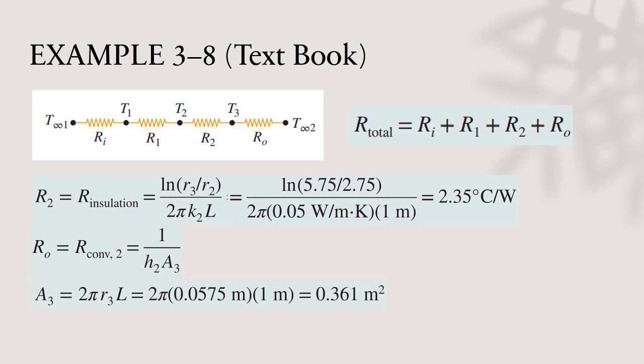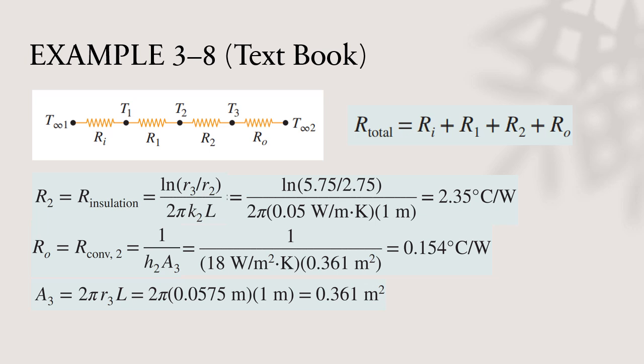For the insulation, we will get A3 equals 0.361 meter squared, and we plug in all the values that we have calculated into this equation. We will get Ro equals 0.154 degrees C per watt.